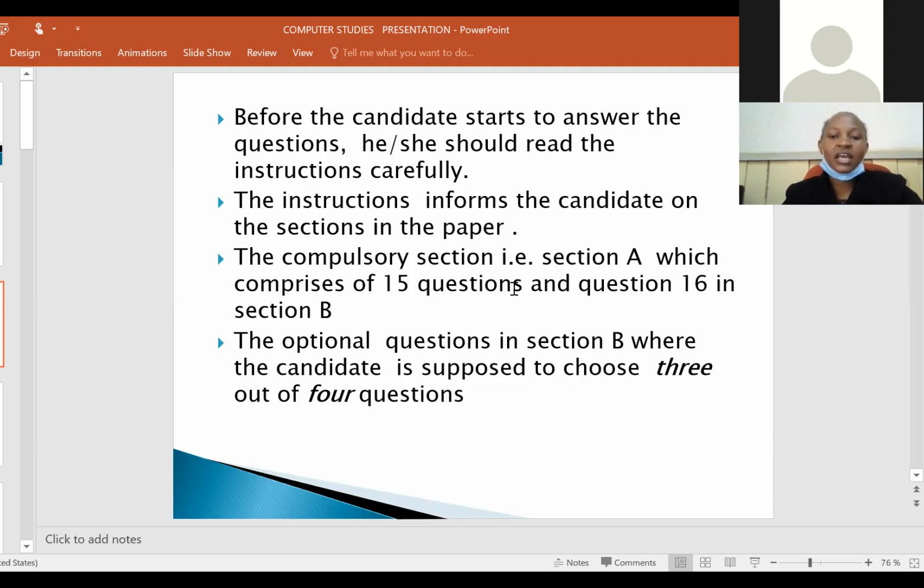That is section A, which is compulsory, comprising 15 questions, 40 marks. And we have section B, whereby we have another compulsory question, which is question 16. Then in section B, we have 4 other questions, whereby the candidate is expected to choose 3 out of 4 questions.